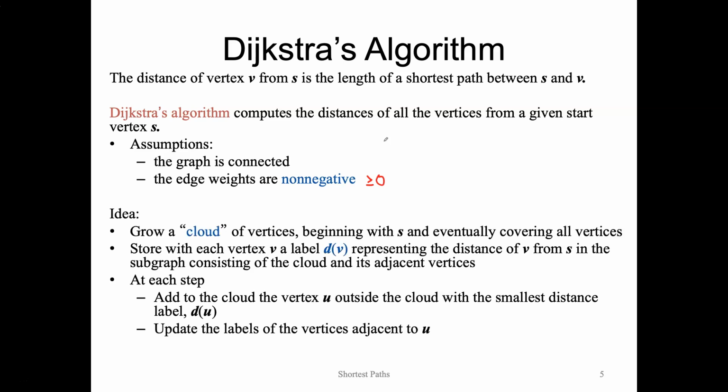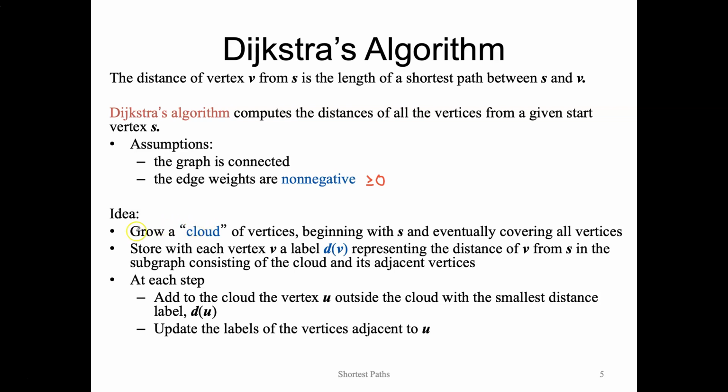But the idea behind Dijkstra's algorithm is that it will grow a cloud of vertices, beginning with that initial start vertex S, and eventually cover all vertices, so that as we encounter vertices next through some edge, we maintain a shortest path tree of every vertex which is in this cloud so far. Now, how we build up this cloud is with a greedy approach.